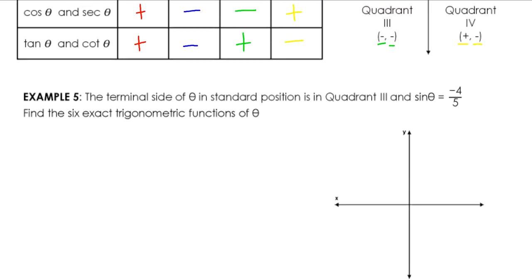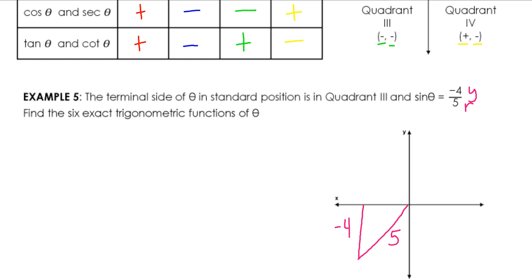Remember that in any quadrant, sine is y over r, so I know that that's my y and that's my r. So if I draw an angle in quadrant 3, the y distance is -4 and the r is 5. I can use those to label what's going on there.